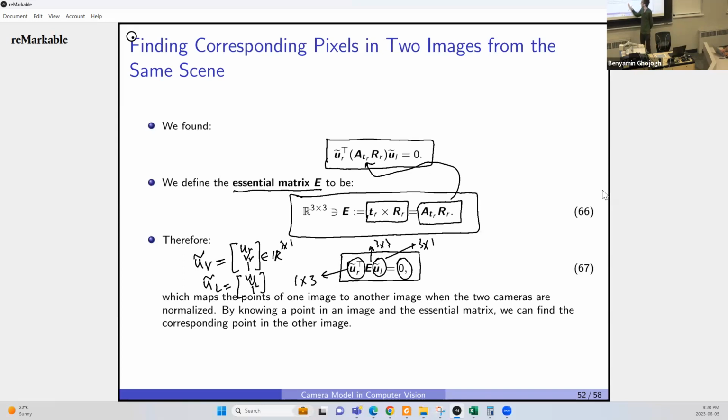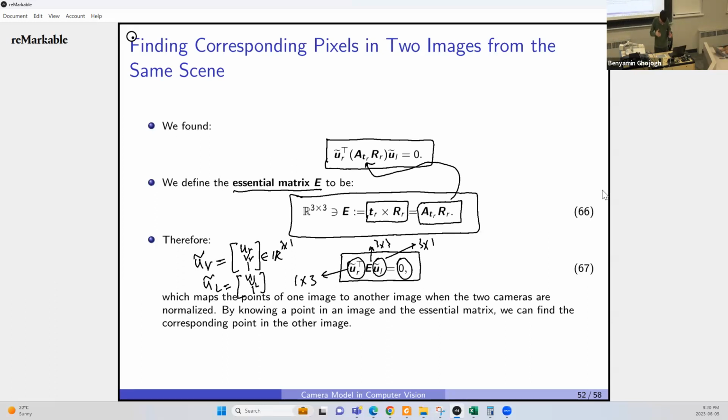It's a map between UL tilde and UR tilde. Either UL tilde to UR tilde or UR tilde to UL tilde, doesn't matter. What were the UL tilde and UR tilde? You can see that UL and UR, because tilde is homogeneous, right? And what does it mean?